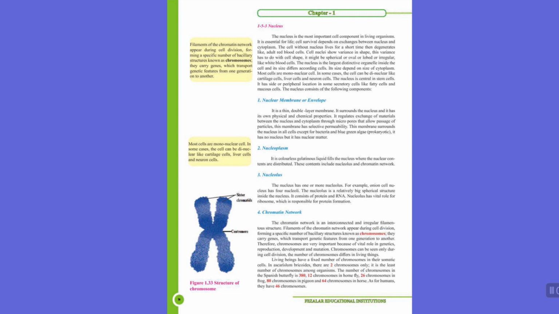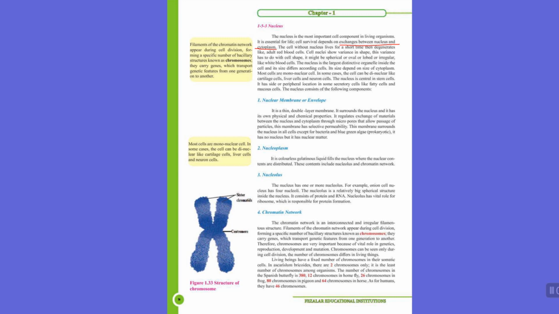The last part of the eukaryotic cell is the nucleus, the most important cell component in living organisms. It's essential for life. Why? Because cell survival depends on exchange between the nucleus and cytoplasm. If material exchange between nucleus and cytoplasm stops, the cell dies.